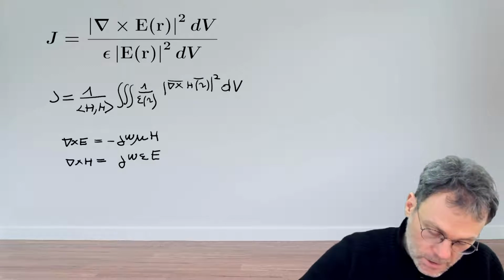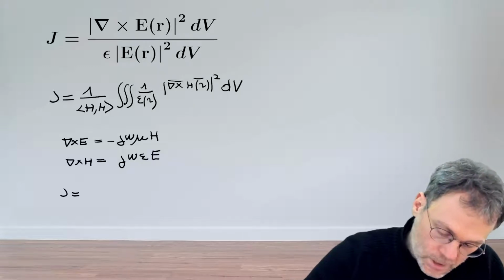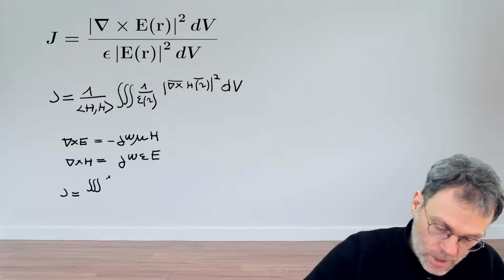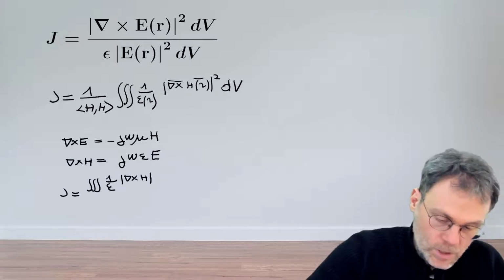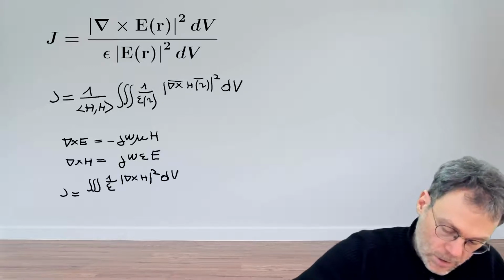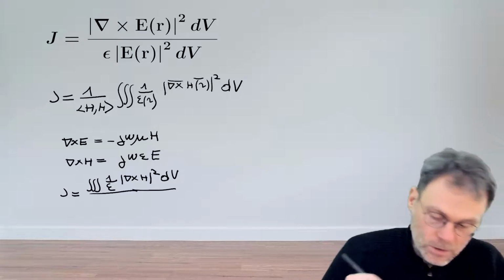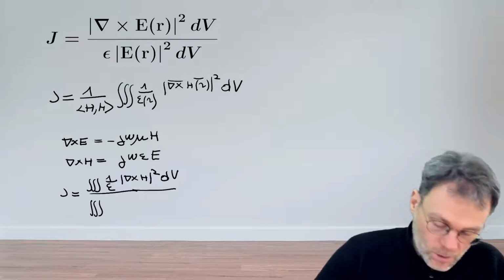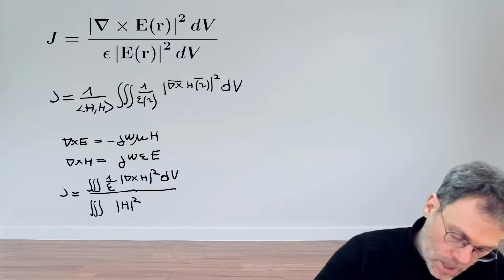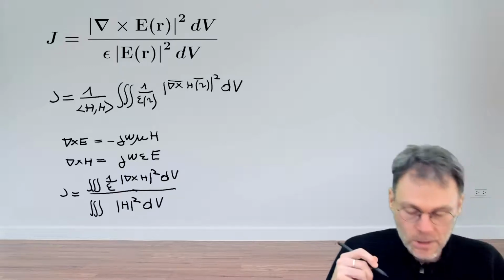Let's write it in a slightly different format here. Just copying the numerator, the integral of the curl of H squared dV, but let's explicitly write down what the denominator is: the integral of the modulus of H squared dV.